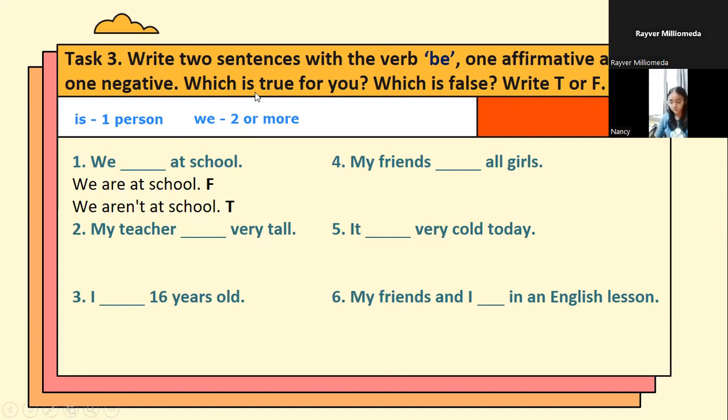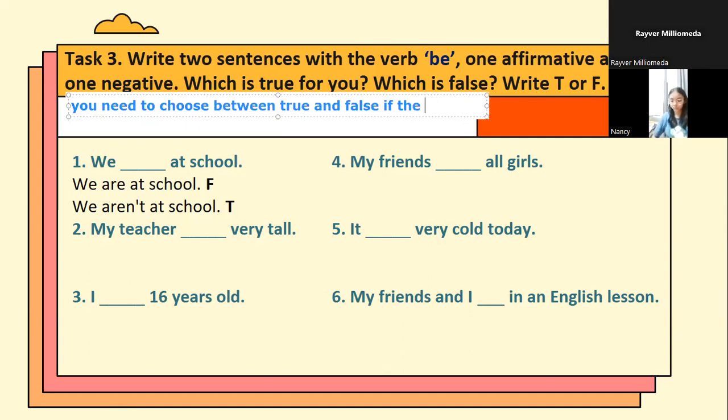Okay, I guess you mistook my words. I will write it so that you could understand. You need to choose between true and false if the given statement applied to us tonight.